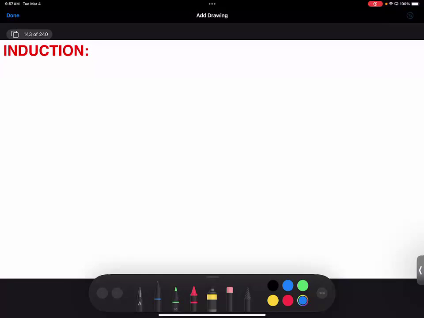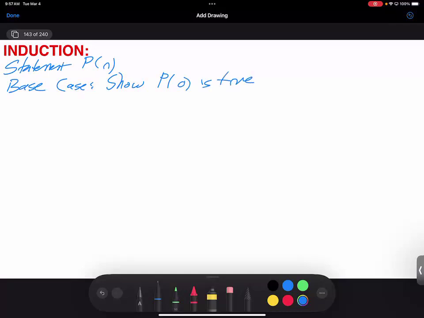The way induction works is we have some statement, P sub n, and it works as follows. The base case is you show P0 is true. Sometimes instead of counting at 0, we might start counting at 1 or 2, whatever. You have some point where you start counting.